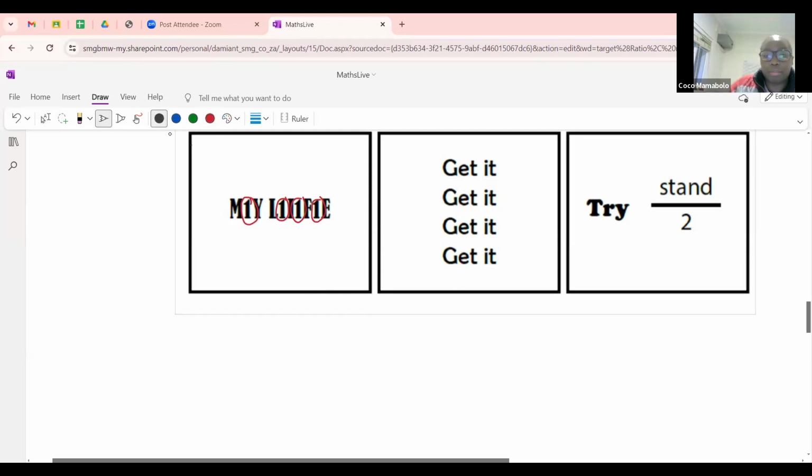So for this one, because my life is in between, this is actually saying there are 4 ones in my life. Like the phrase that we say all the time, for once in my life. Okay, like that. I'll give you another example. This one, there are 4 get it's. So this is actually forget it.